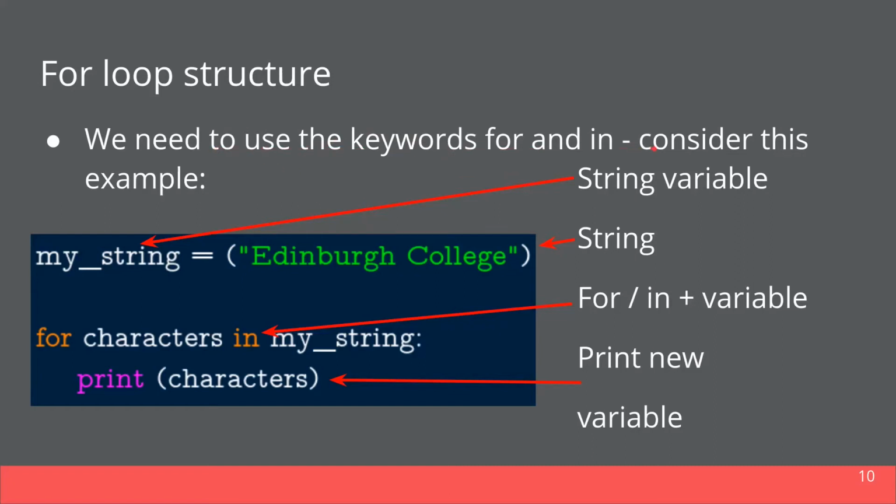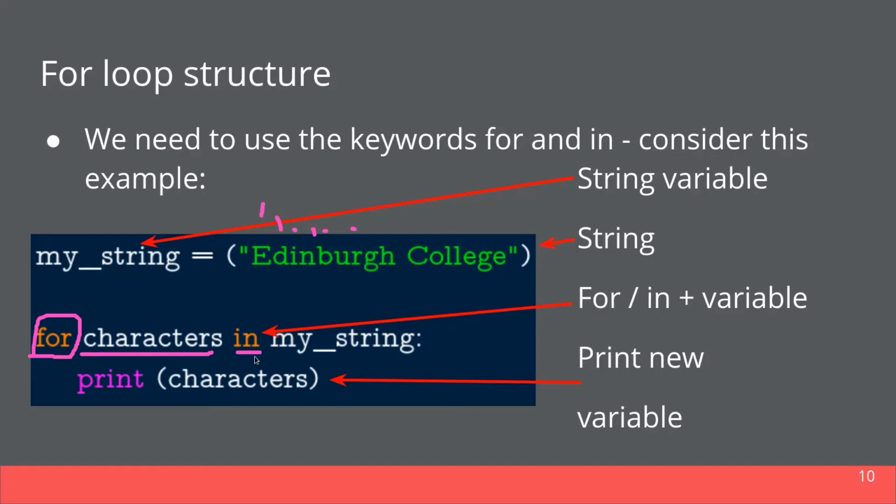So let's say we use for and in keywords here. So we've defined a string called myString, and in there we've put the characters Edinburgh College. Now, what we're going to do with Edinburgh College, okay, is we're going to say for, this for keyword. And what that's actually saying is for every single one of these characters here, for each one, okay, characters is a variable that we're going to use inside the body of this for loop, okay?